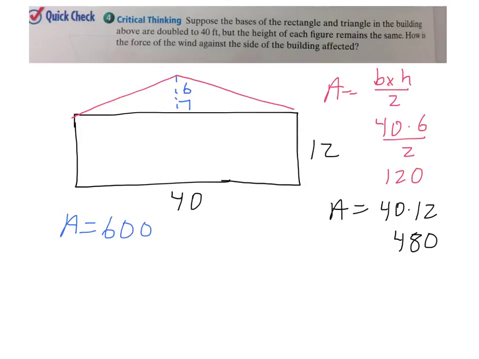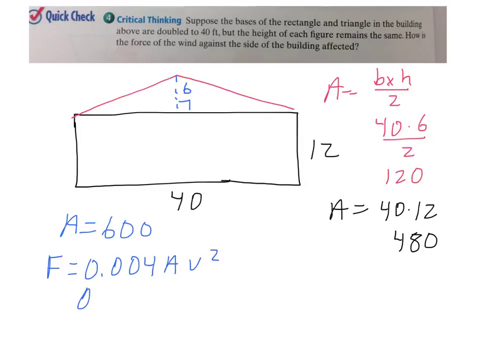Well, again, the force of the wind against the side of the building is going to be 0.004 times area times the velocity of the wind squared.